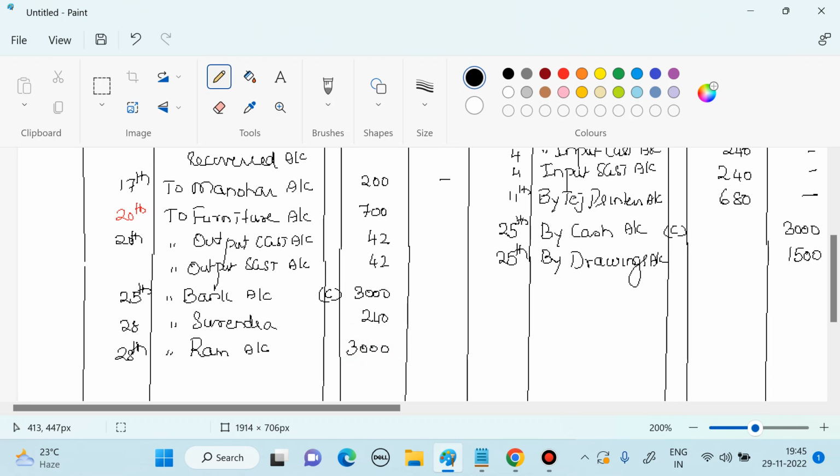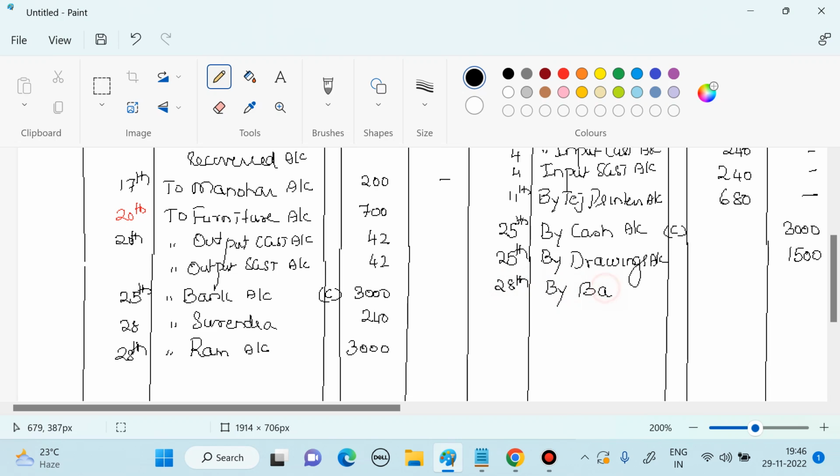Then the second part is a deposit out of it 2500 to bank. So out of this 3000, 2500 we took out and deposited into bank. So depositing money into bank again is a contra entry. So you're depositing money into bank means bank balance increases. So it would be bank account debit.